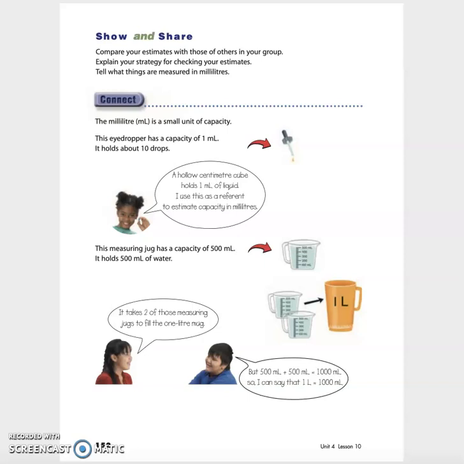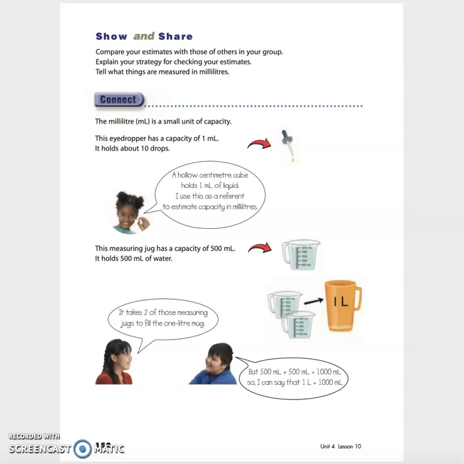If you have 2,000 milliliters, therefore you obviously have 2 liters. If you have 2,500 milliliters, you have 2.5 liters. So pretty simple. It just takes a little bit of getting used to going between milliliters and liters.